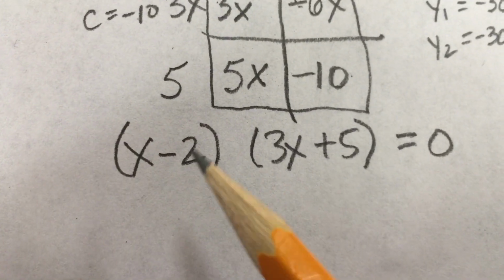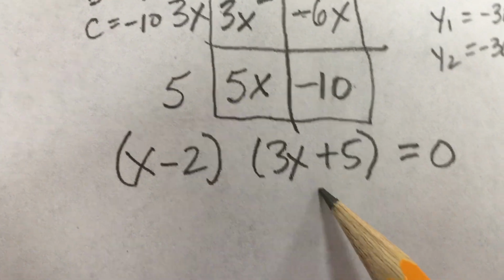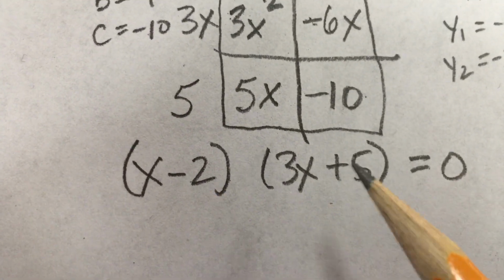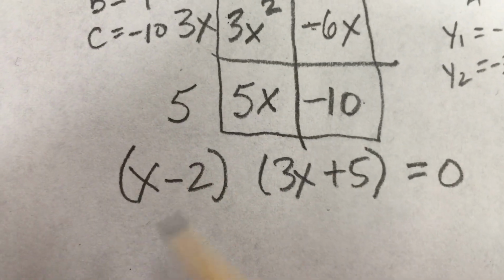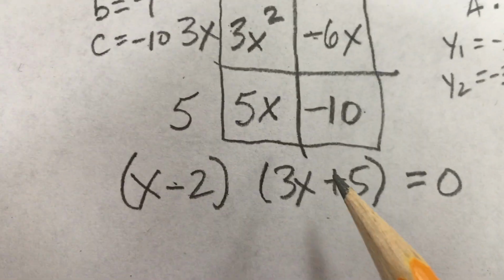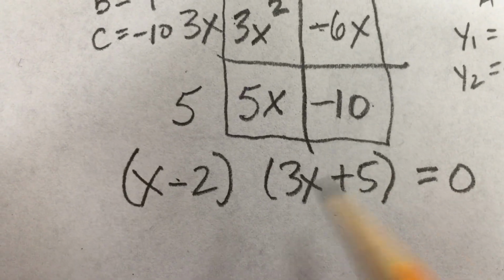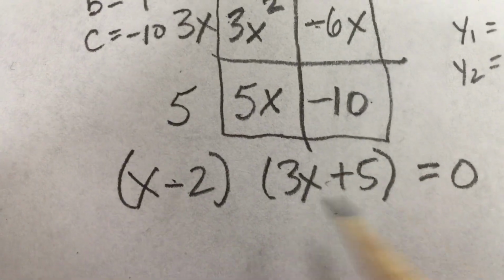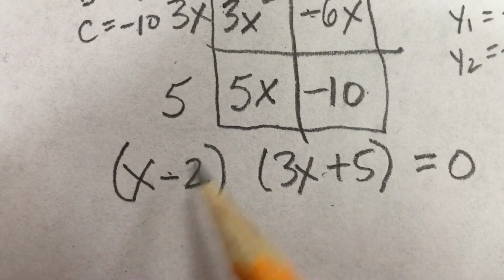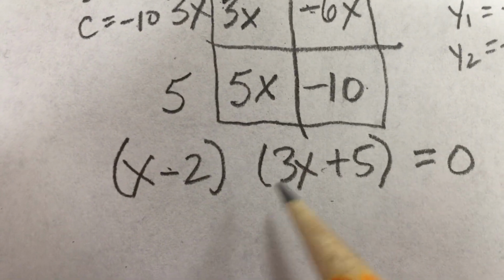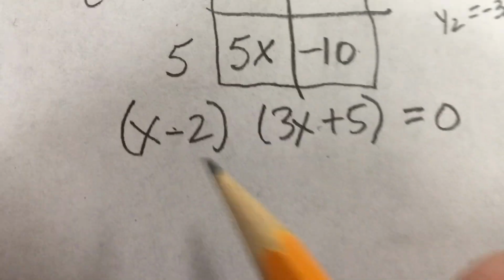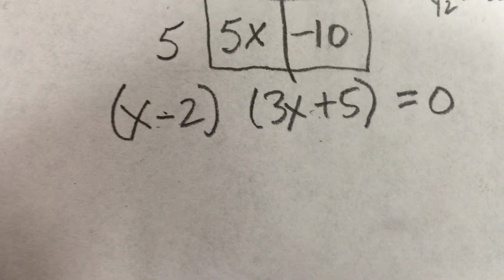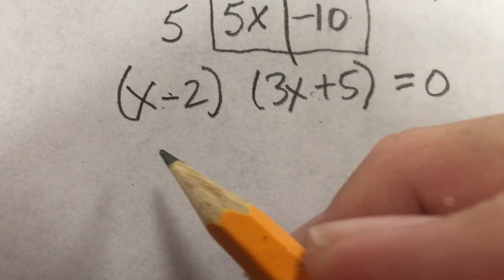So once we've gotten here, we're going to break up each one of these binomials, because if we made either one of these 0, anything times 0 would be 0. So if this first thing was just 0, if I multiplied 0 times all this, doesn't matter what number this is, it would still be 0. Same thing if I made this 0 and multiplied it by whatever this would be, anything times 0 is still 0. So I'm going to take each one of these binomials and make them equal to 0 so I can figure out what my x numbers would be.